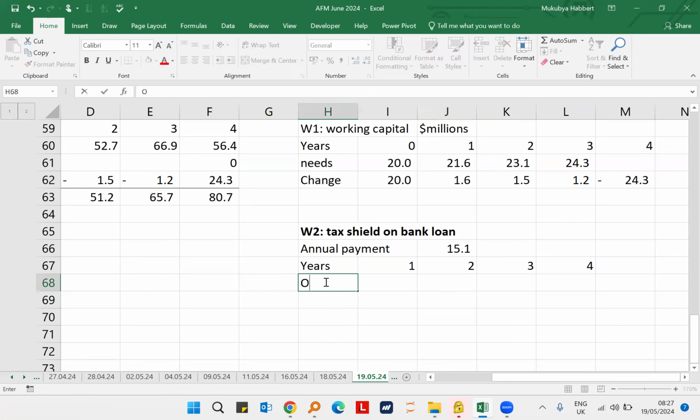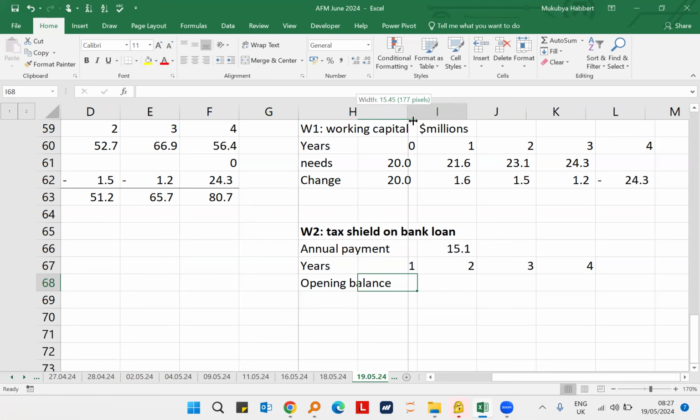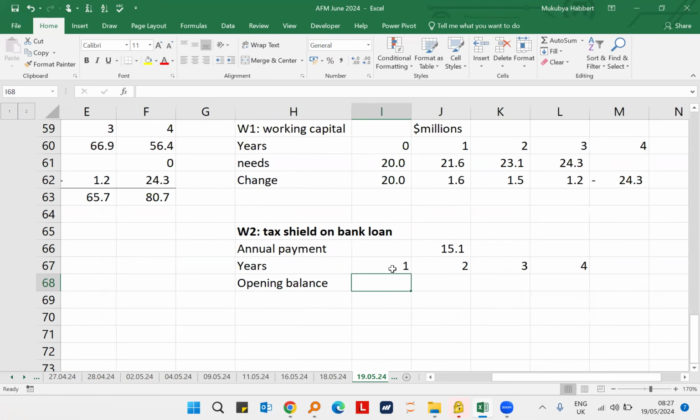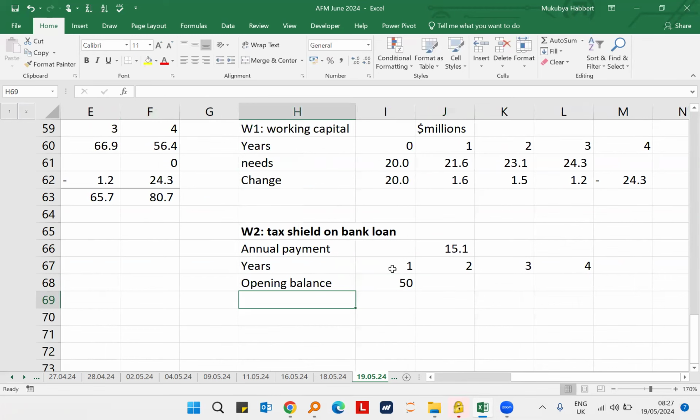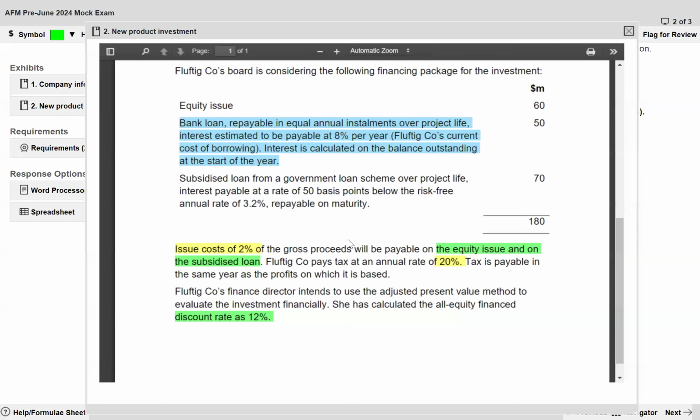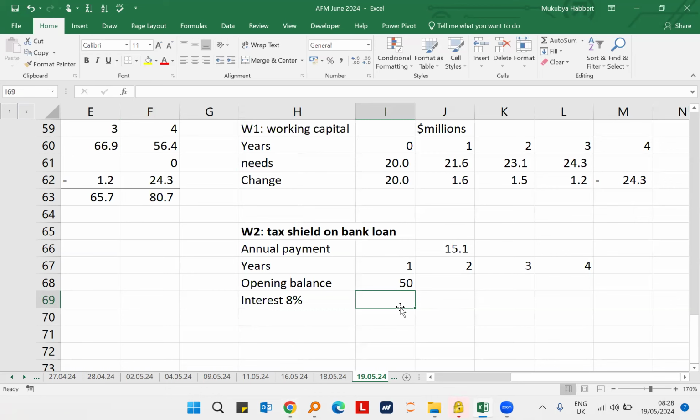So that means that we can say what was the opening balance. The opening balance is 50 million before we make any payment in year 1. Then we pay interest. I hope you know how to amortize these things. They have been taught to you in FR and I think FA. So the interest is 8%, calculated on the balance outstanding at the start of the year, so 8% on the 50 million.